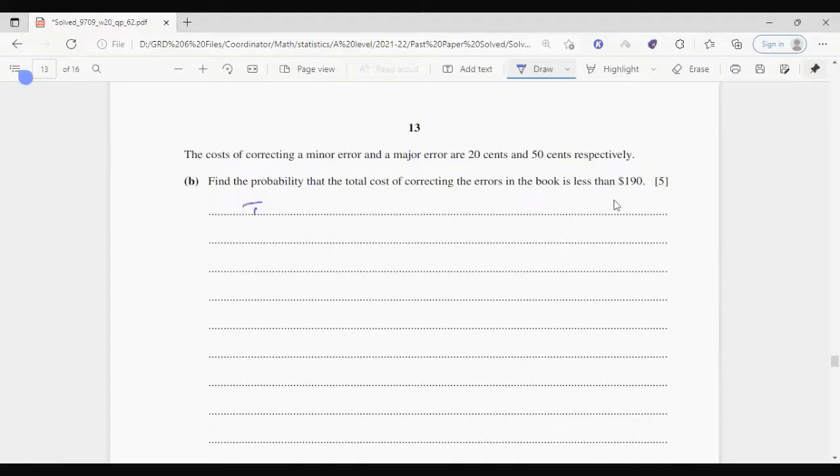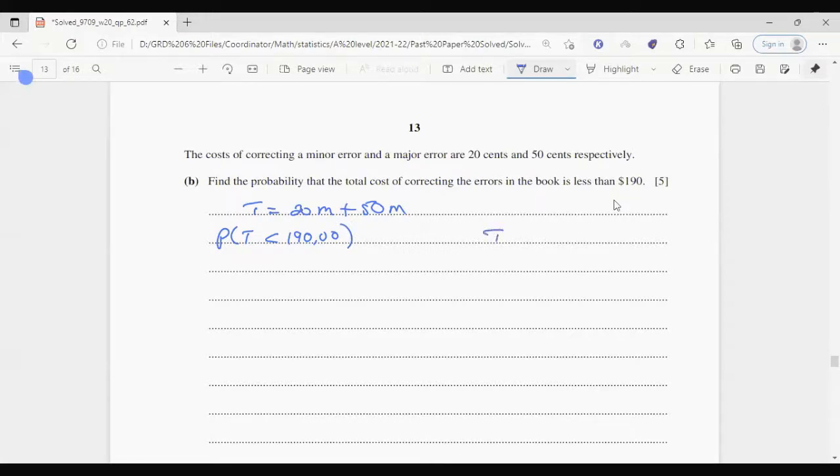So the total cost is 20 minor plus 50 major, and we have to find that the total cost is less than $190, which is 190 times 100 to make it into cents. All right, so this is what we need to find.